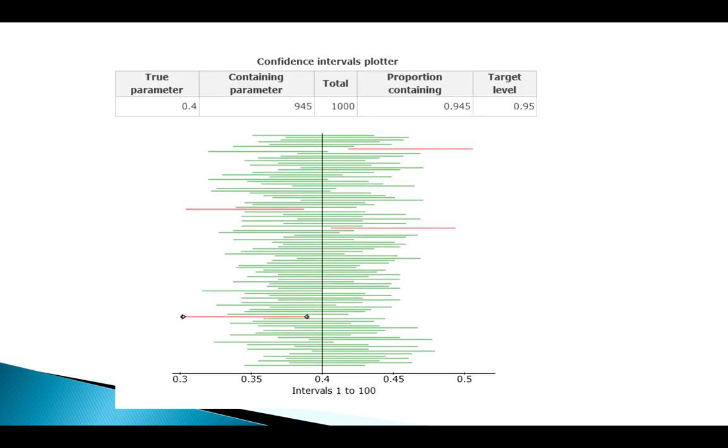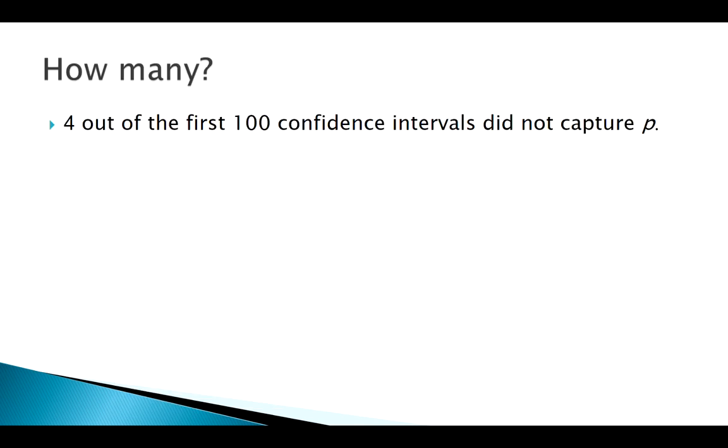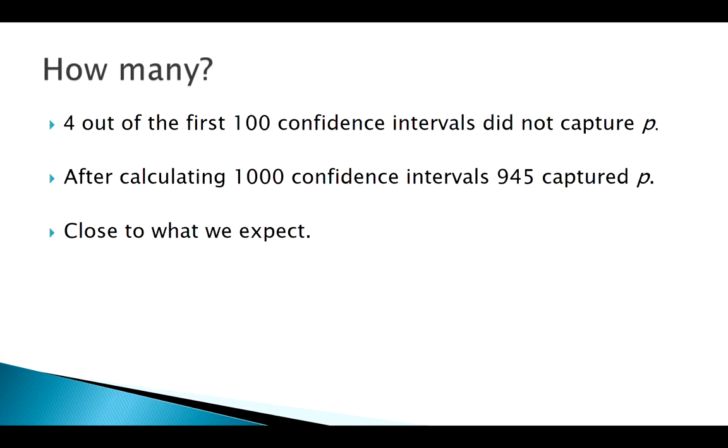So does this still hold? Well, I simulated this in a program. I made 1,000 confidence intervals, and it turns out 945 of them, that's 94.5%, captured the true proportion. They were 95% confidence intervals, so that's about what we expected. We can use that same interpretation there.